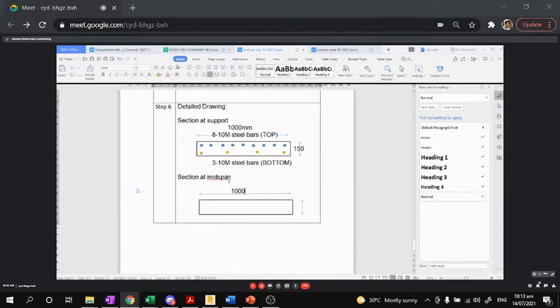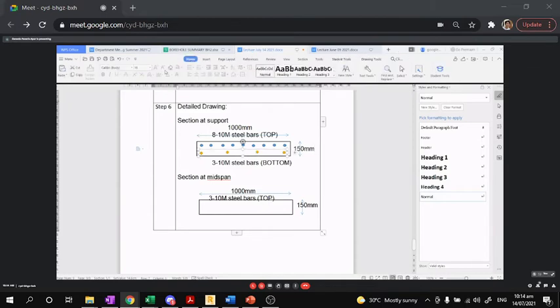So this is still 1000 mm, but your top bars can be just 3, because the top bar is not important in the midspan. The bottom bars are 8 10 mm steel bars, with 125 cover.